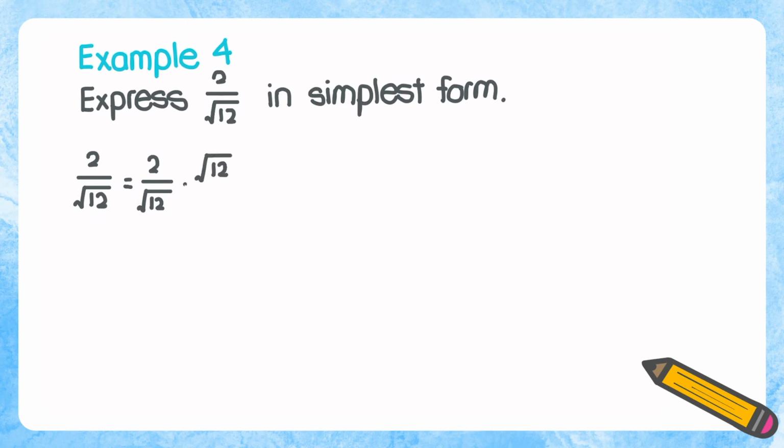So that's this step right here. And so I have 2 times the square root of 12 over 12. But notice here, the square root of 12, we can simplify this.